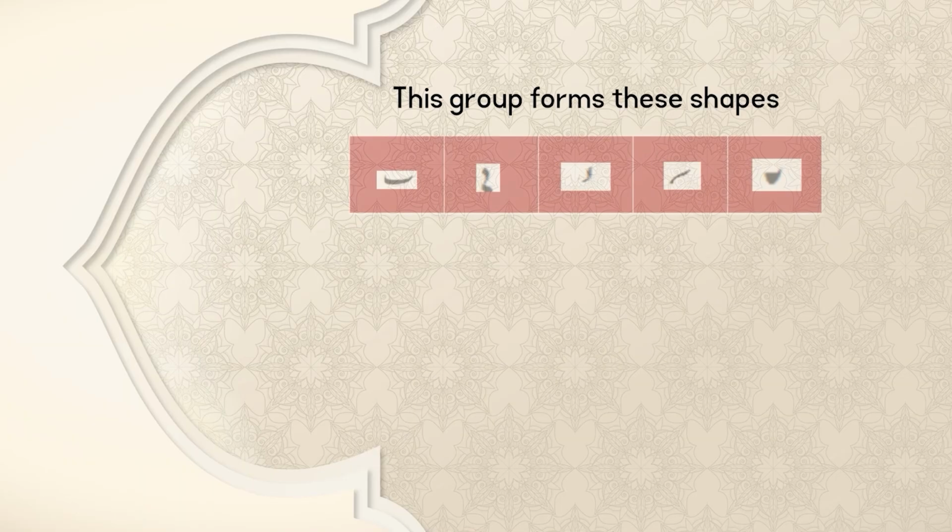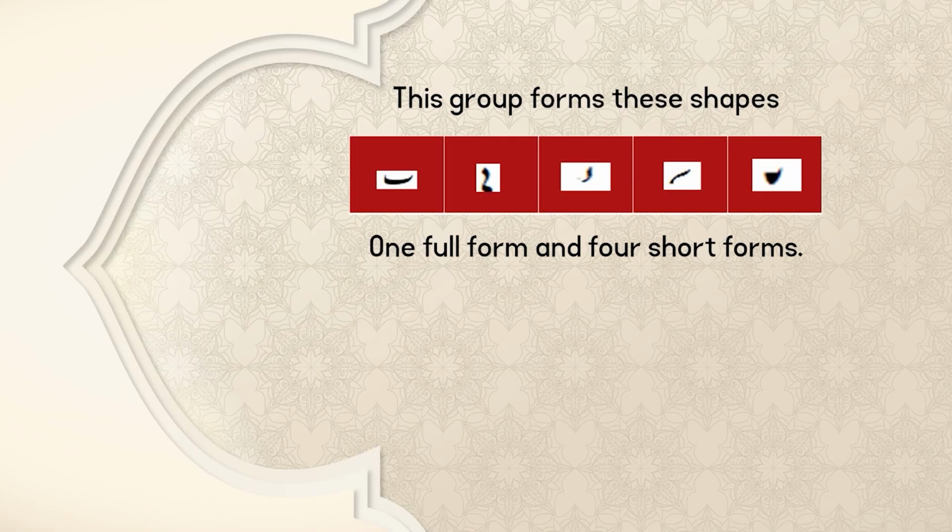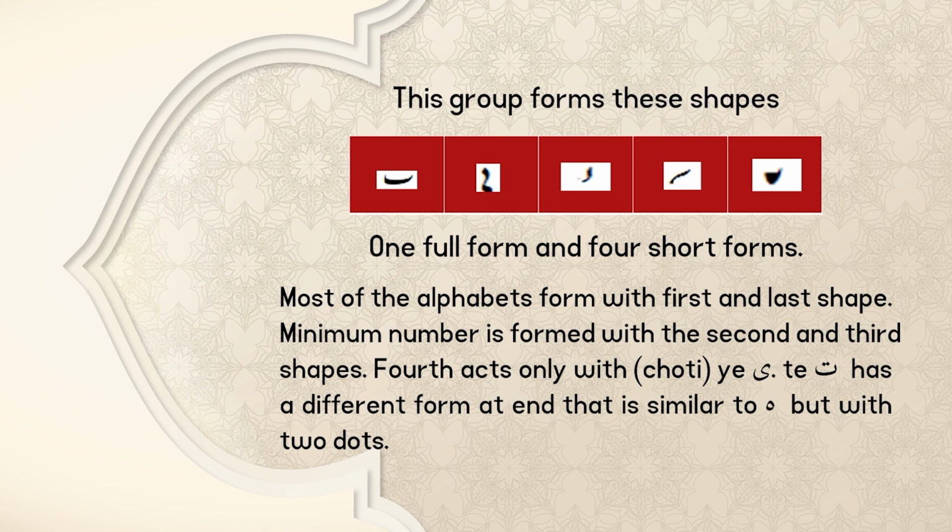This group forms these shapes. You can see here there are 5 shapes. These shapes belong to the be group. It means that the be group works or acts in this way, by these short forms, when words are constructed from these alphabets.